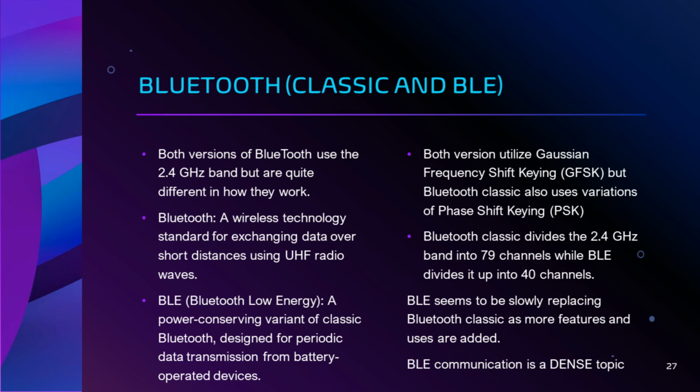Let's talk about Bluetooth a little bit. So there's two main versions of Bluetooth, Classic and Bluetooth Low Energy, and they both use the 2.4 gigahertz band, but they're very, very different in how they work.